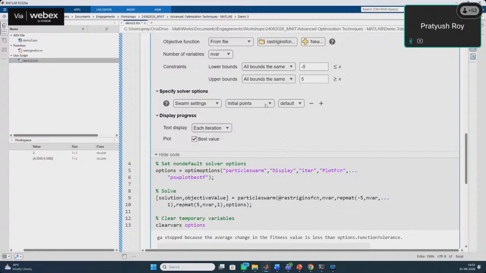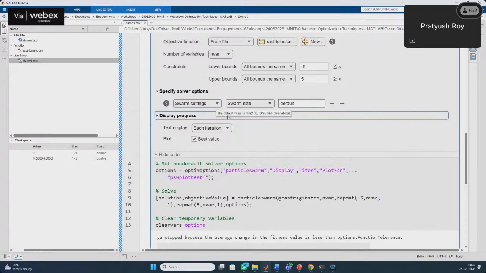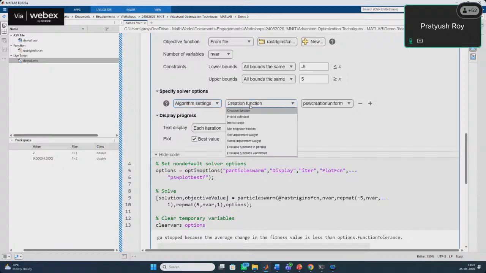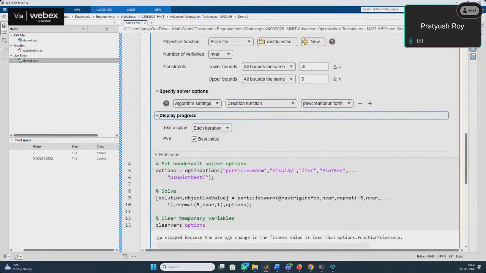So you can choose the swarm size and everything. By default, they will assume some value depending on the problem, but on the algorithm side you can also choose multiple things. For example, there are things like social adjustment, minimum neighborhood, or inertia. You can customize all of these things.